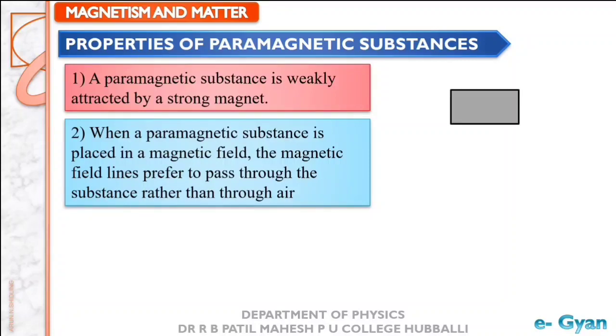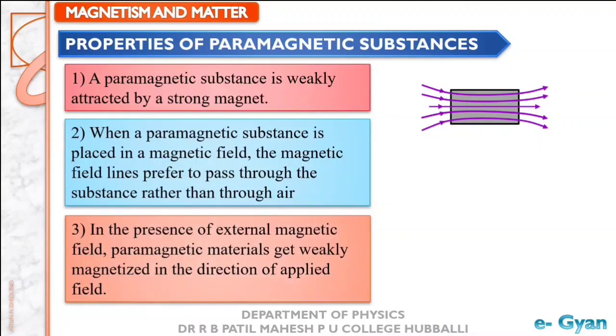As shown on the screen, the magnetic field lines try to enter more into the material rather than the surroundings. Third, in the presence of an external magnetic field, paramagnetic materials get weakly magnetized in the direction of the applied field.